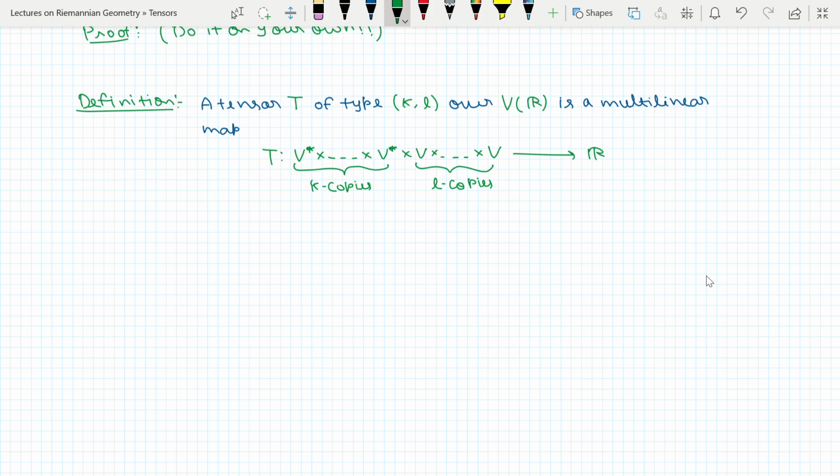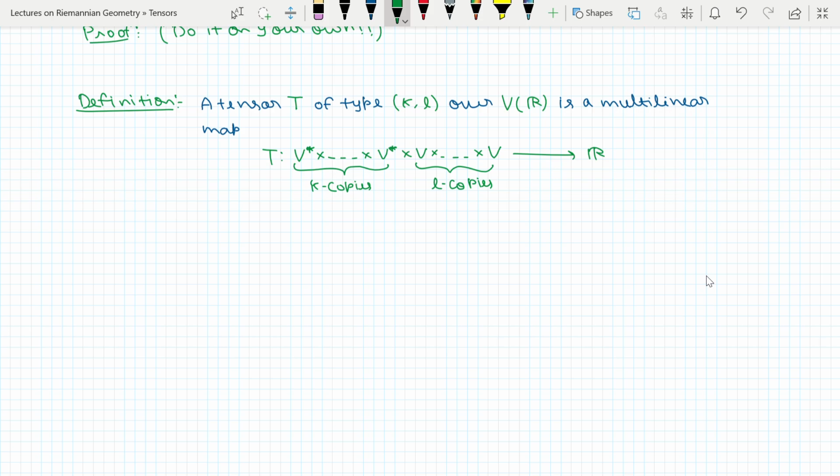In the main definition, in which order they are taking the product, it is necessary to know that. Whether they are taking K copies of V star and L copies of V, or K copies of V and L copies of V star, you need to make sure before doing anything else from a book based on tensors. If you pick any book to read a concept which is based on tensors, go into the chapter on tensors and make sure you know what convention they are using.